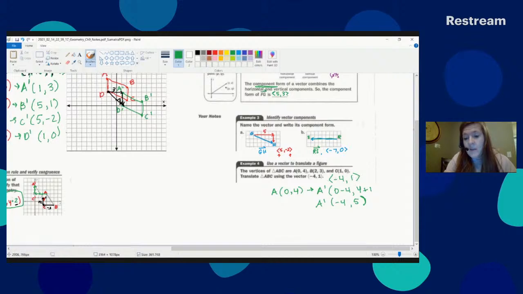Another way I could write vector <-4, 1> in translation is (x, y) translates to (x - 4, y + 1). I just wanted you to understand how those go back and forth.